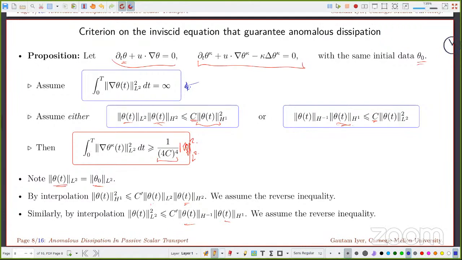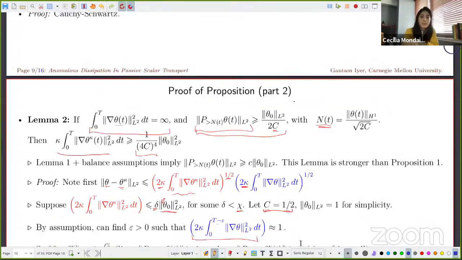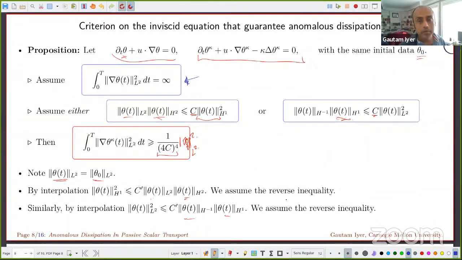Any more questions? About these assumptions too, if I can ask. The second one, that constant, on the same slide. This constant on the assumption, maybe the one on H minus 1 and H1, is allowed to depend on the initial condition, right? Right, you fix an initial condition. As long as this constant doesn't depend on time, whatever that constant is, I get you anomalous dissipation with that same constant.